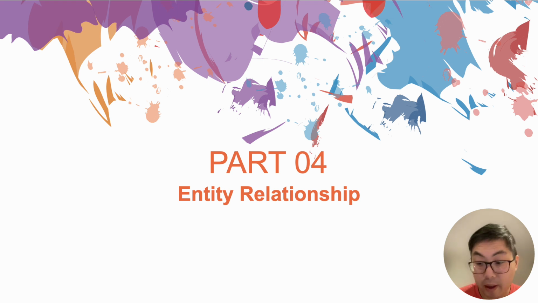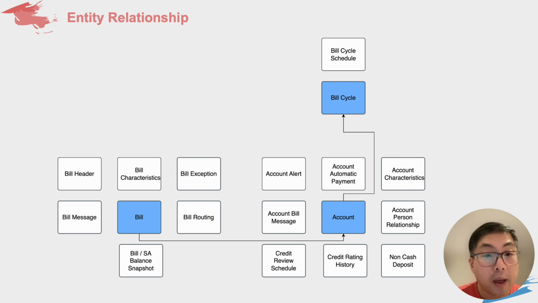Okay, last one, entity relationship. So here I try to look at three entities: bill cycle, account, bill. So every account will be assigned to a bill cycle when, as we just talked about, the registration process decides when the data collector will actually read the meter, and the bill cycle will be assigned accordingly.